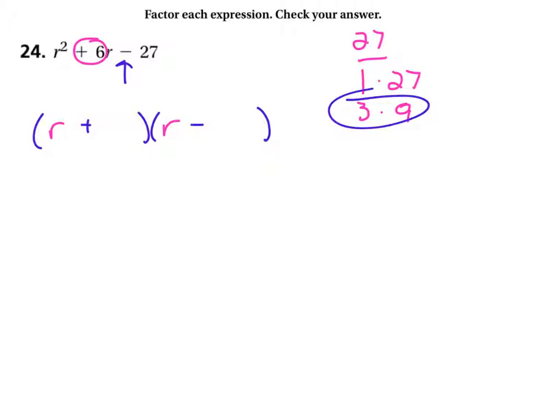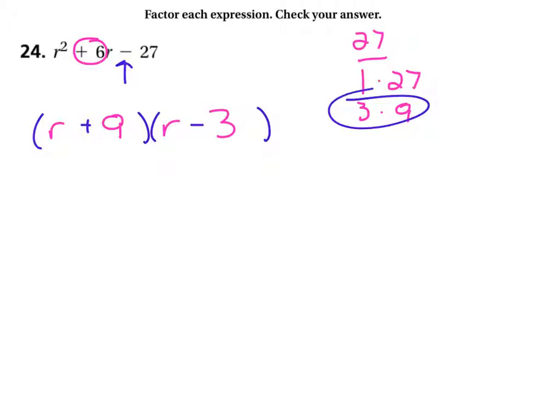What we see over here is that it says positive 6. So that means the bigger number of 3 and 9 has to go with positive. And once we plop it in and check it, you'll see why. That's 9. That's negative 3.